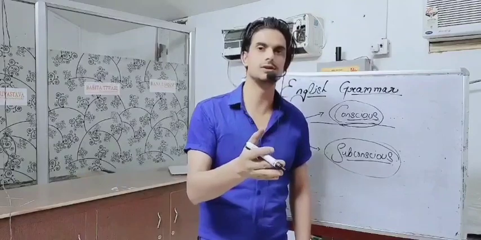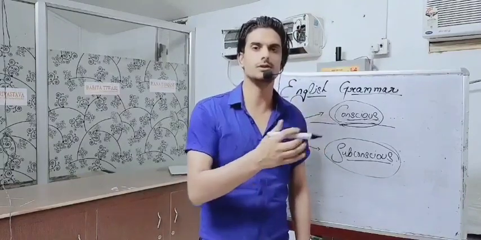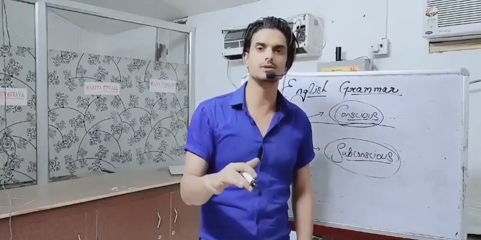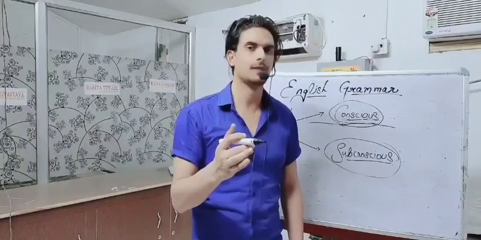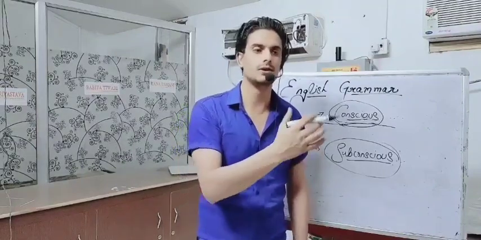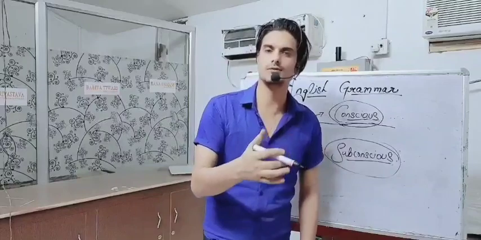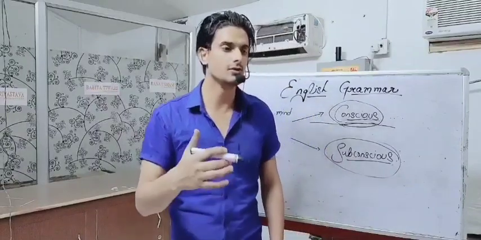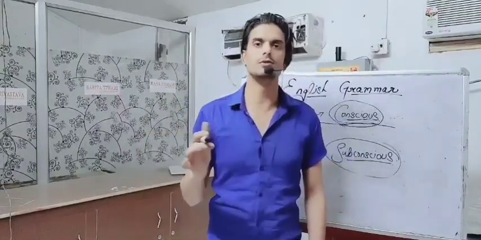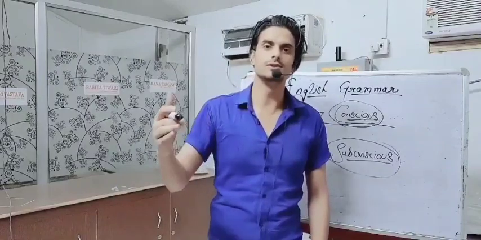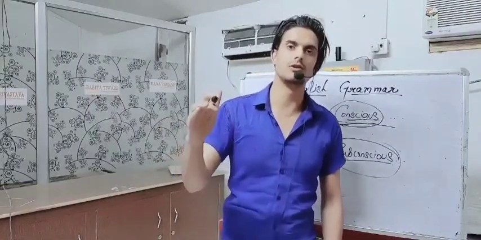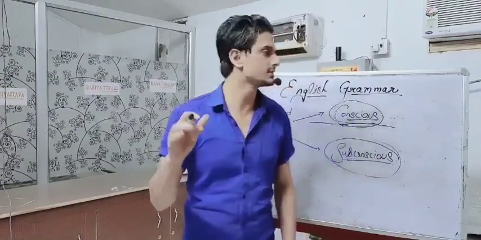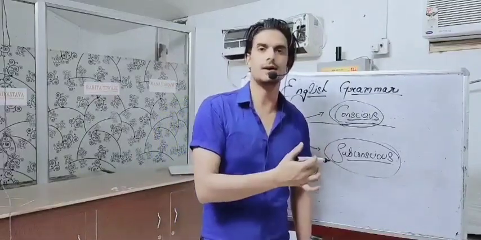Like when your exam was near, the conscious mind told you, alright, we have examinations, we have to study. That went to the conscious mind. But when you are traveling, going somewhere, or when you see something casually while walking around and you don't want to remember it, those things go into your subconscious mind.